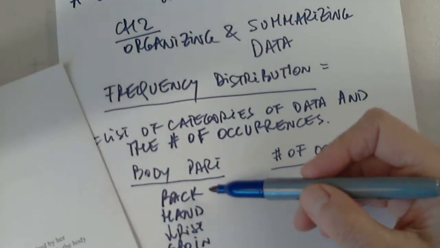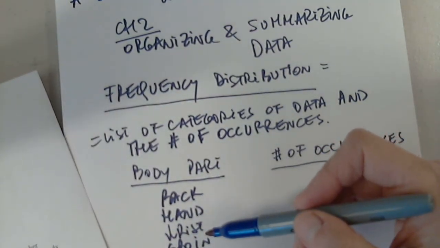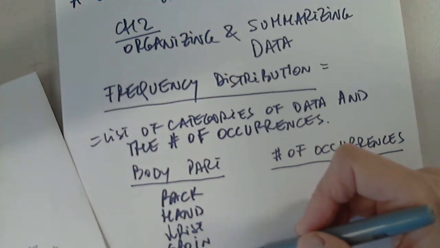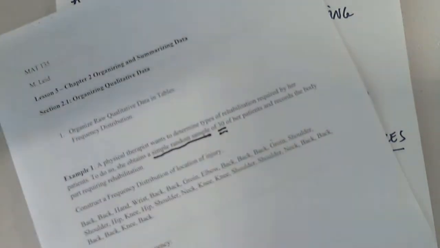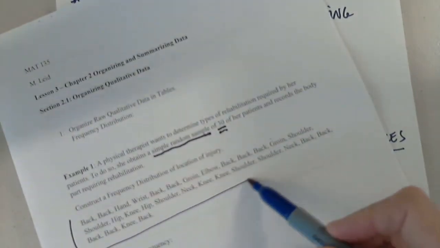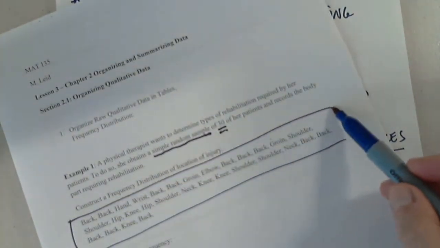So back, hand, wrist, groin area, elbow, shoulder, hip, knee, and neck. I don't see anything else. So now let's count in the sample how many times each appears.